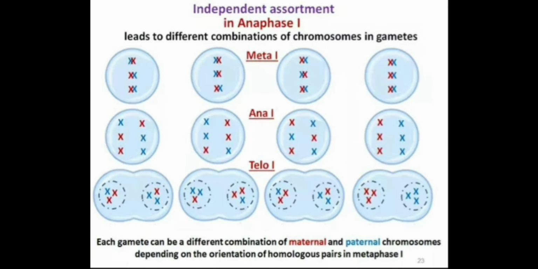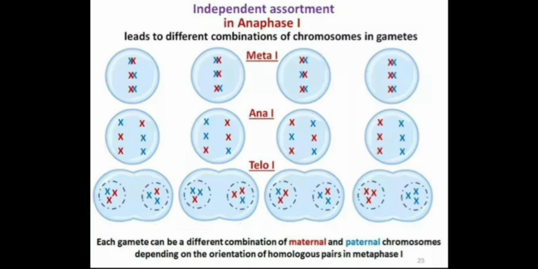So now let me explain the law of independent assortment. The law of independent assortment describes how different genes independently separate from one another when reproductive cells develop. During meiosis, the pairs of homologous chromosomes are divided in half to form haploid cells. And this separation or assortment of homologous chromosomes is random.